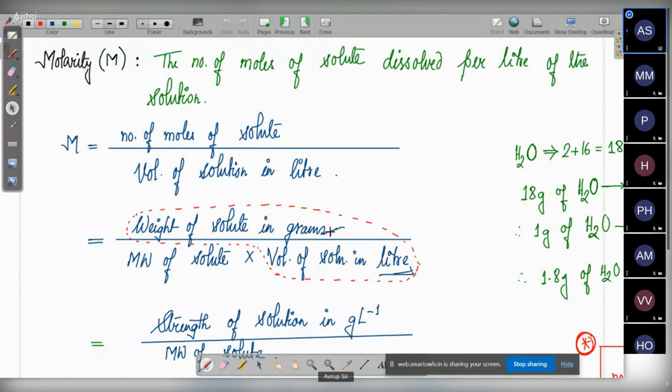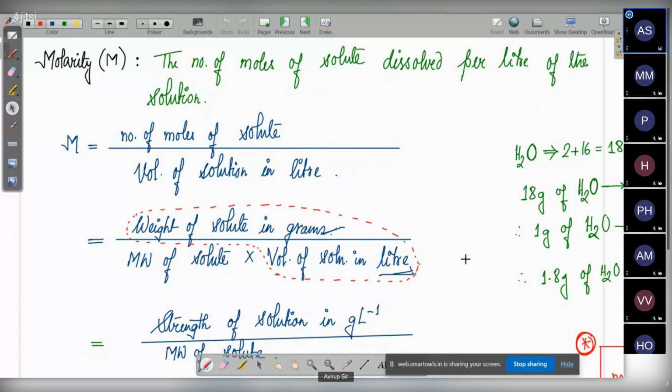And then we had also seen some variations in the formula which we had derived. One was the weight of the solute in grams divided by molecular weight of solute into the volume of solution in liter.